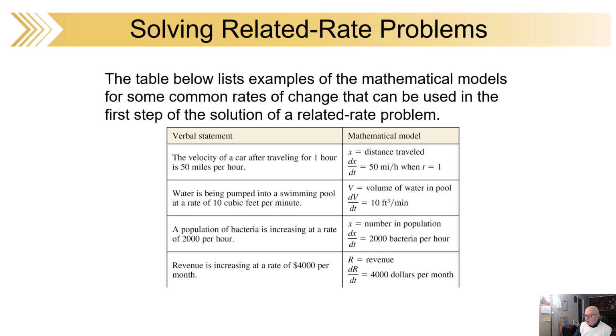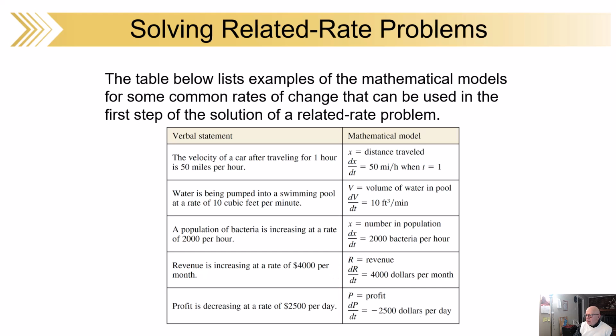Revenue is increasing at the rate of $4,000 per month. R is the revenue, dR/dt is the rate of the increase. Profit, of course, revenue and profit, good business examples. Profit is decreasing. Well, that doesn't sound real good if we're the business owner, but this is just an example.